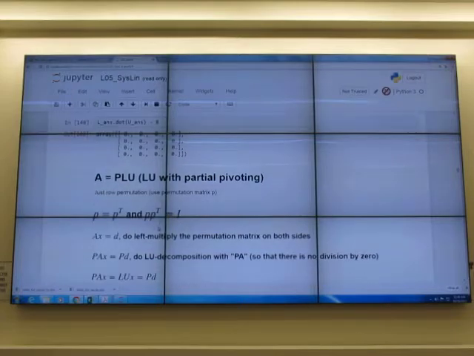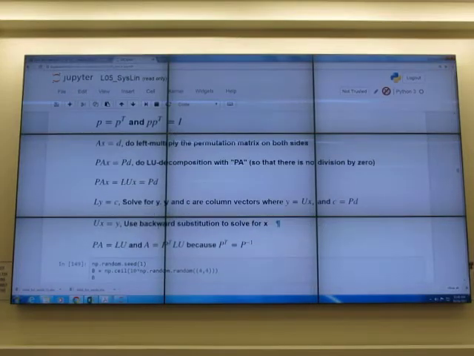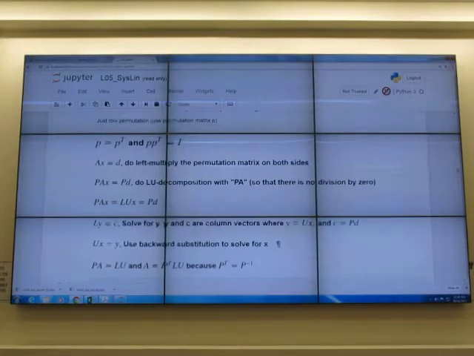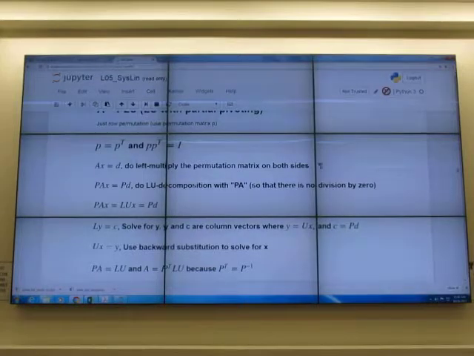Now with partial pivoting, we do switch row and column. Okay. So P equals P transpose, P times P transpose equals the identity matrix. So all this is just to tell you that we have to track P. We need to know how many times we do row switching.